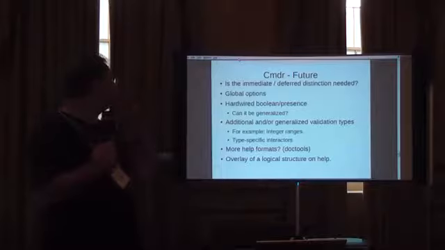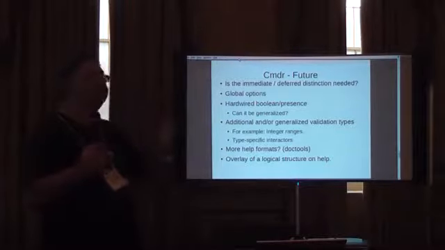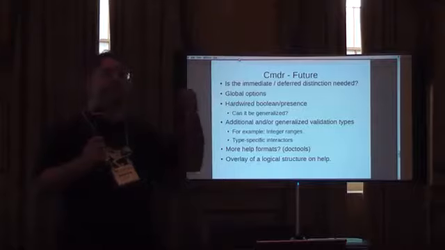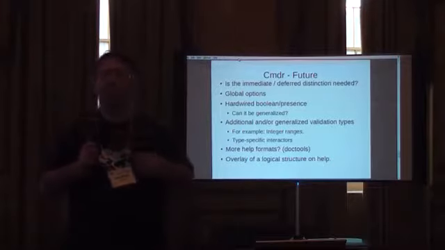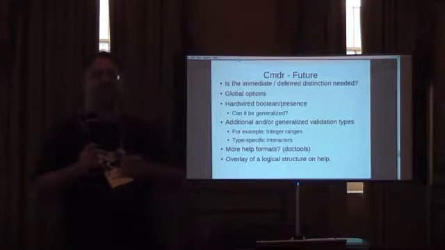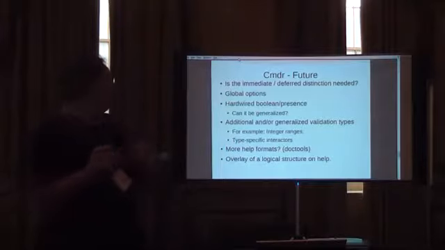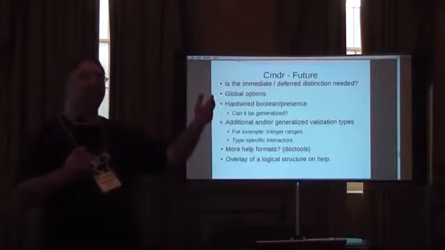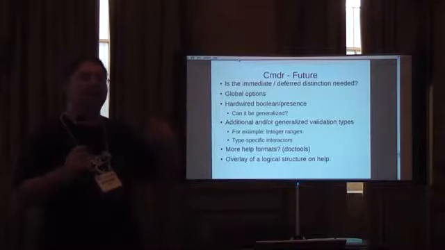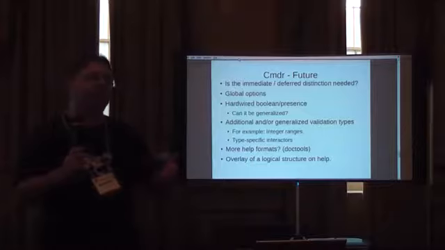What is more possible is going to the validation type and generalizing them a bit, like instead of having just all integers, now integer ranges. Will would call this subtypes in his SNIT validation types, where I lifted the concept from. And other stuff would be, right now, I mentioned that there is the ability to ask for a value interactively for a specific argument, and this is currently also very fixed and very simple, like the value is a string, and the most you can do is ask for multiple strings for lists.